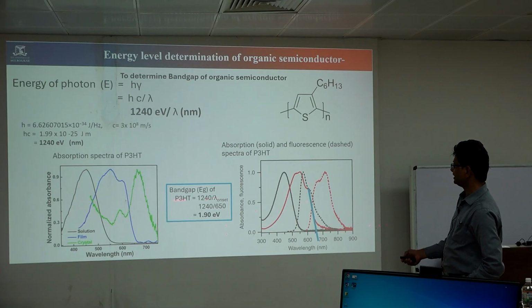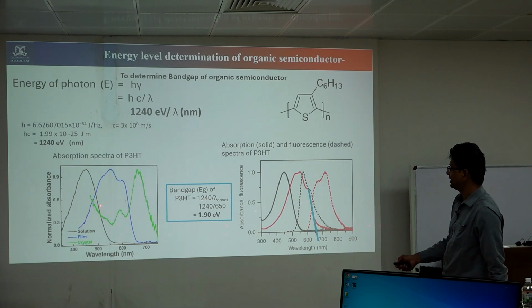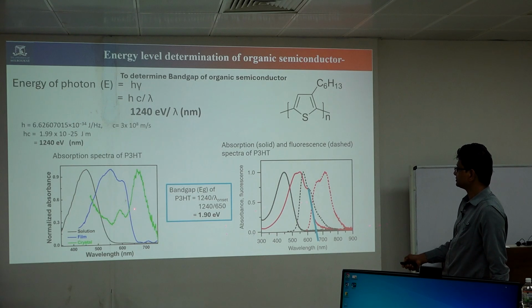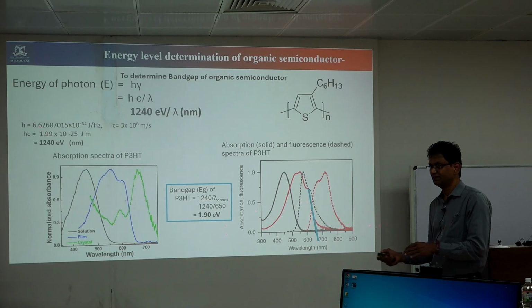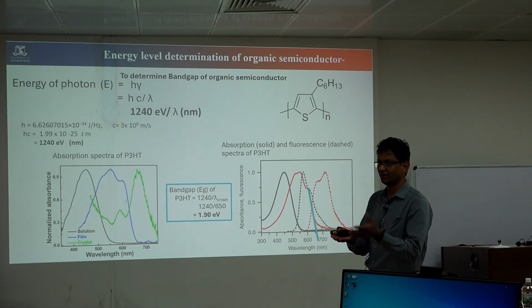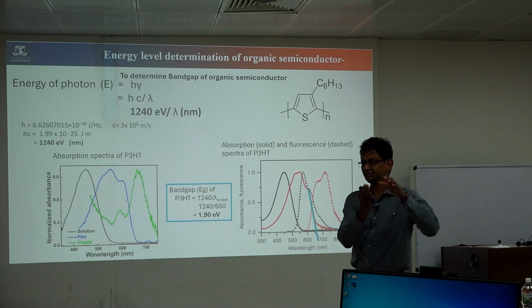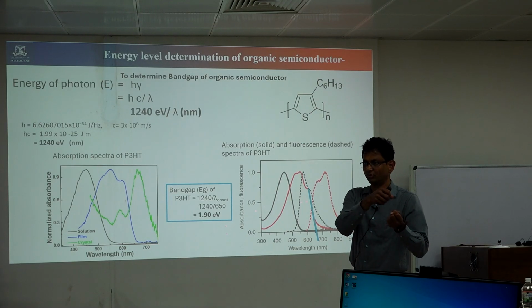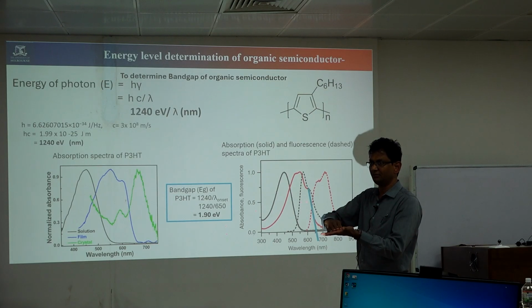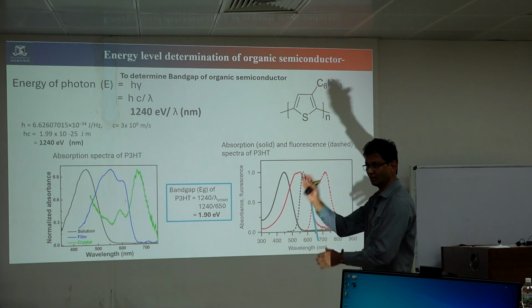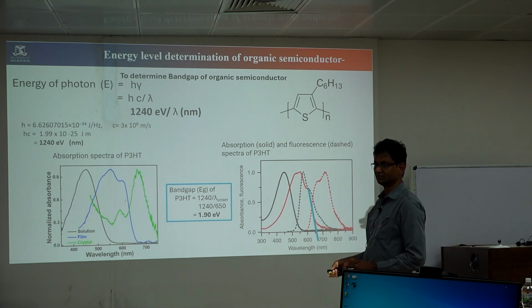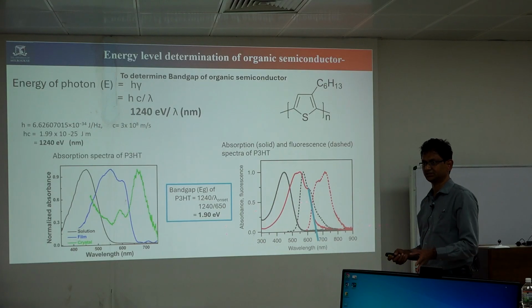What I am showing here is the solution, the film absorption, and the film crystal. Both are entirely different forms. The solution is loosely bound, but in the film state the regular arrangement is there. That will improve your absorption and also extend it. That's why it all depends on the structure.